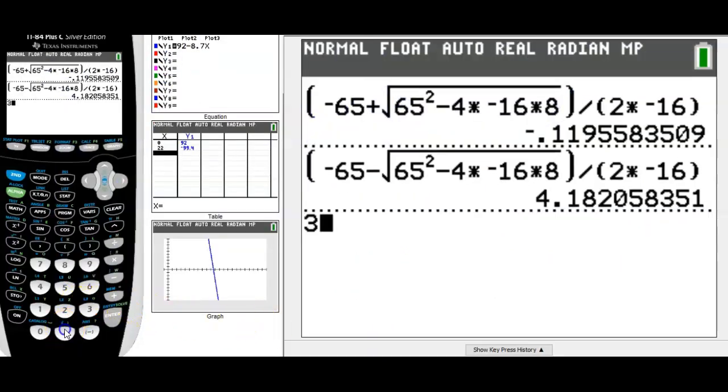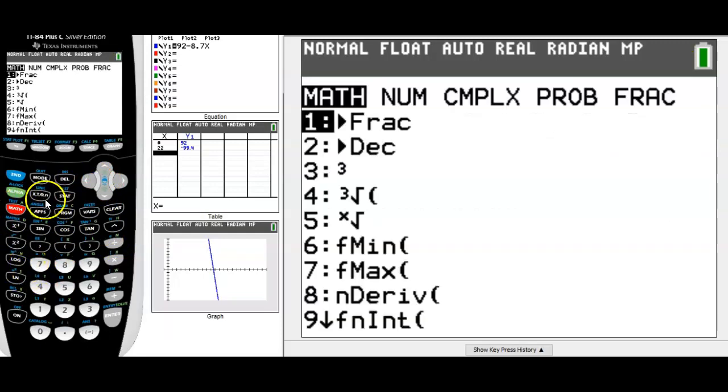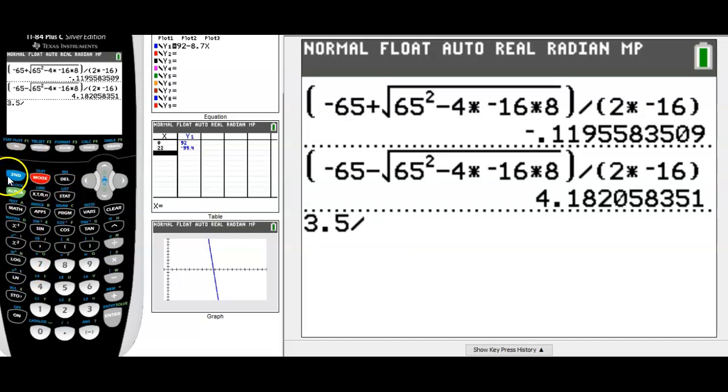We're going to do 3.5 divided by, well, I don't need to do that. Sorry. Divided by e. My goodness.